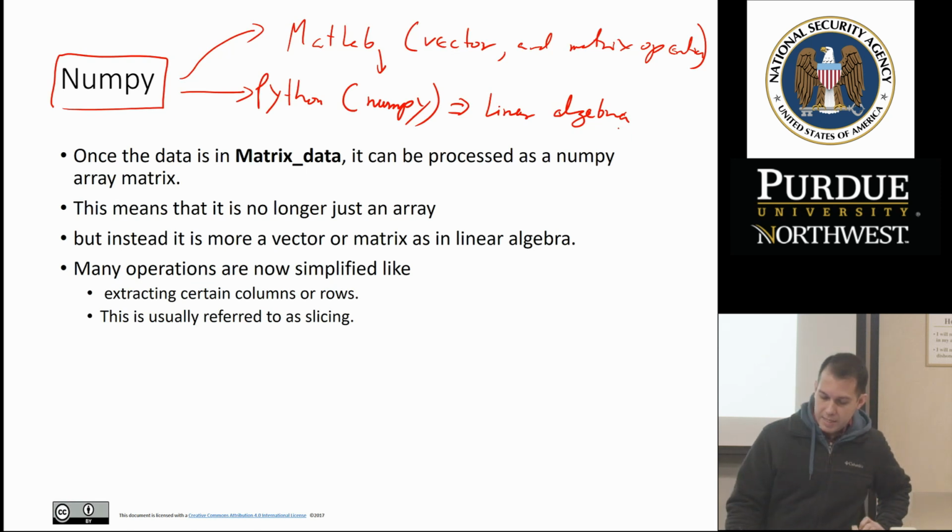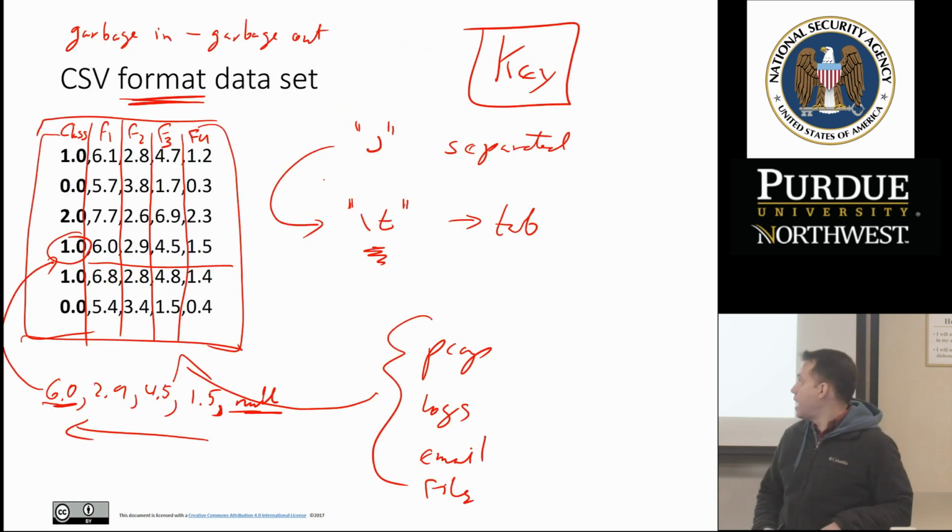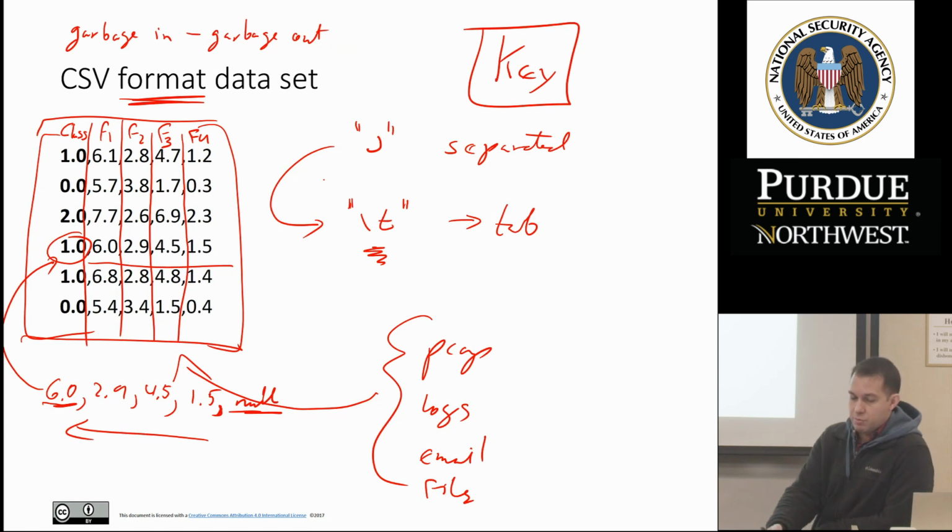So once the data is in matrix form, because this is how we are going to load the data. If you look at the previous slide, this data set that we have is really a matrix, right? That's really a matrix right there.